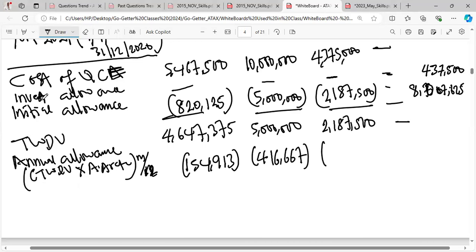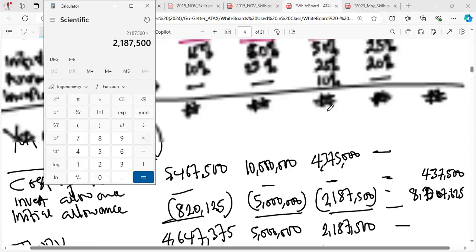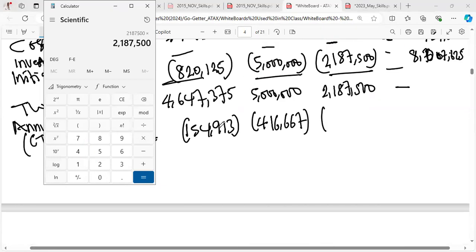And let's talk about this. We have 2,187,500 multiplied by this 25%, 0.25, times, how many months was it used?